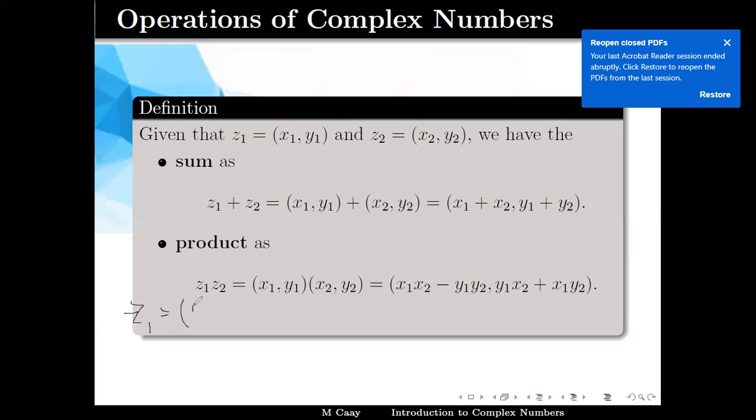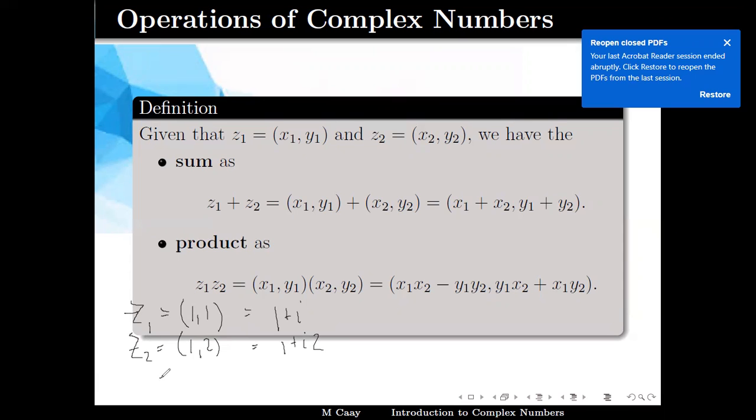This is (1, 1), and our z2 is equal to (1, 2). So basically, we can write this as 1 plus i, and this is 1 plus 2i.